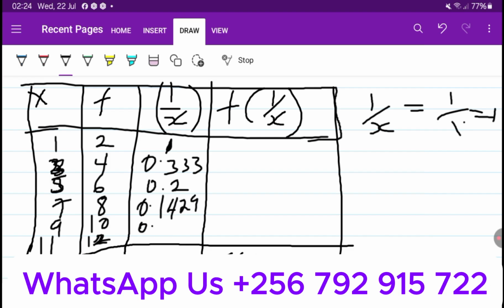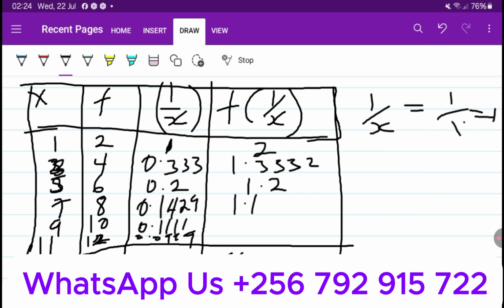This one will be 0.1111. And lastly, 1 over 11 gives you 0.0909. Then you multiply 2 times 1, it's 2. 4 times 0.33 will give you 1.3332. This will be 6 times 0.2, it will be 1.2. This is 1.1432.